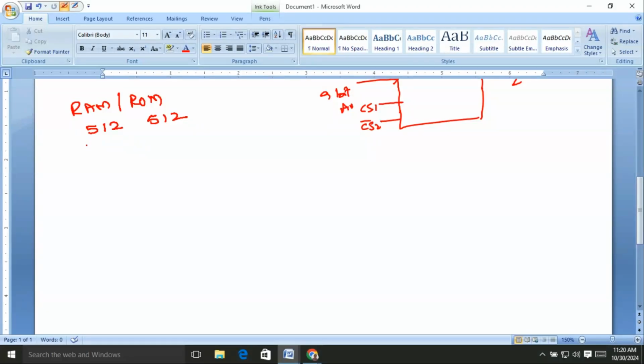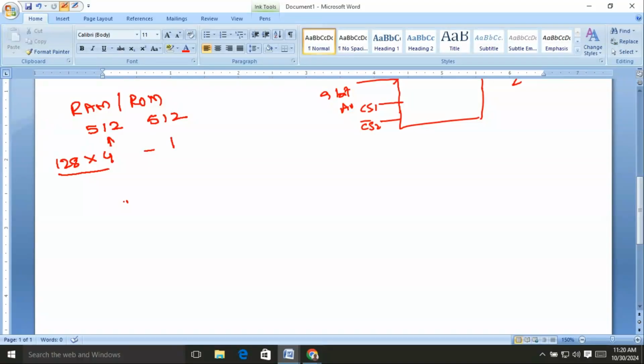But here we consider the RAM chip to have only 128 bytes, hence we need 4 RAM chips to get the 512 capacity, and one ROM chip is sufficient. So here I am going to demonstrate how these are connected.